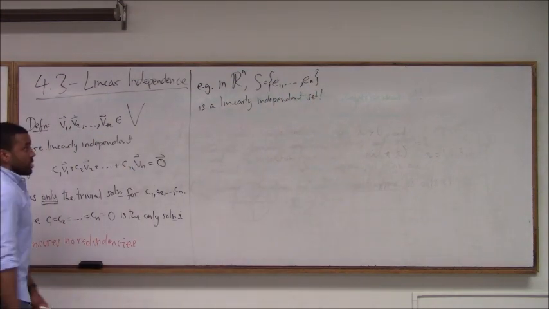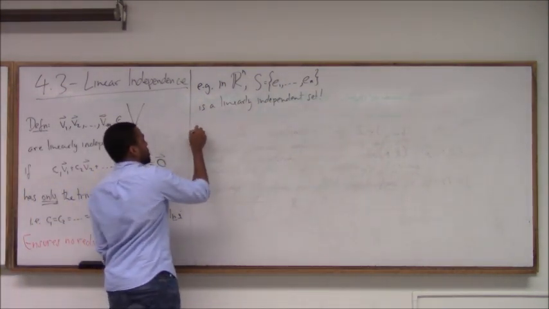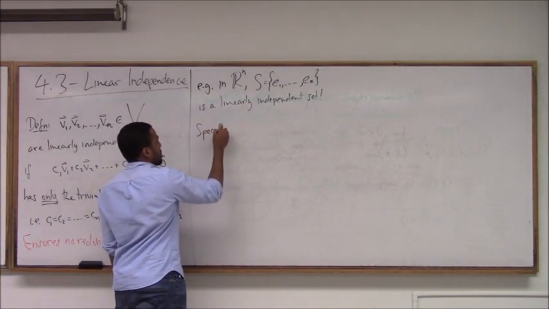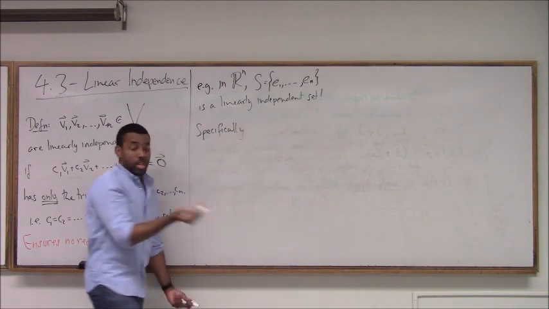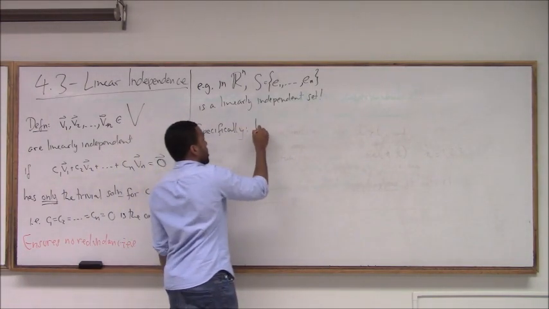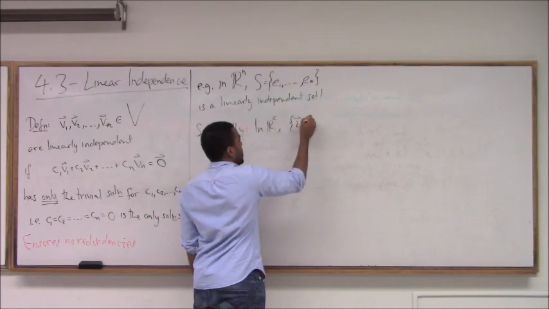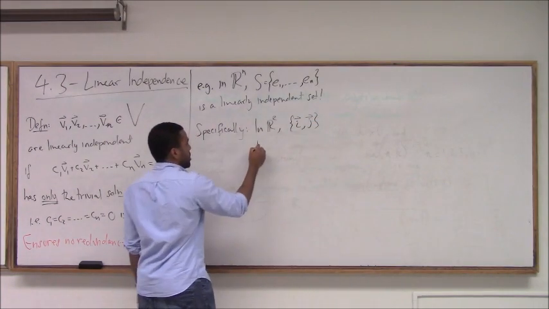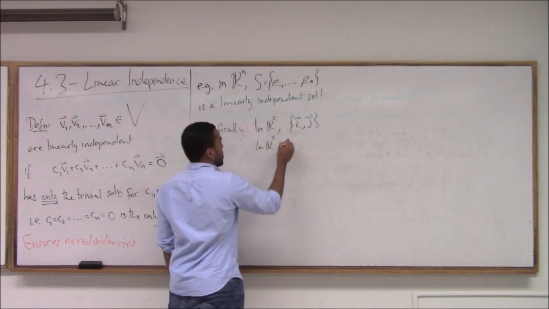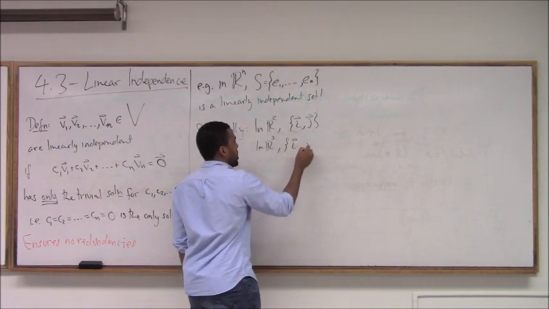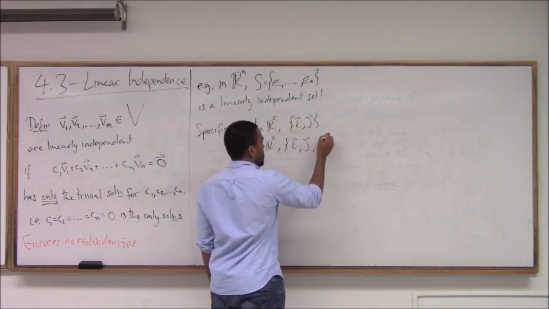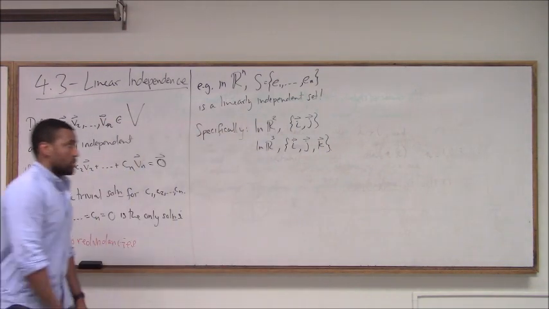The set of basis vectors. So specifically, and I'm saying this just for familiarity and no other reason, in R2, the vectors i and j are linearly independent. In R3, the vectors i, j, k are linearly independent. You set them up.